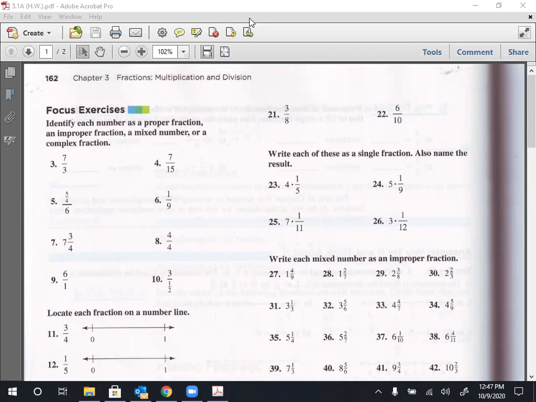Complex fraction. So number 10 is an example of a complex fraction. Okay? Can you find me another example of a complex fraction?